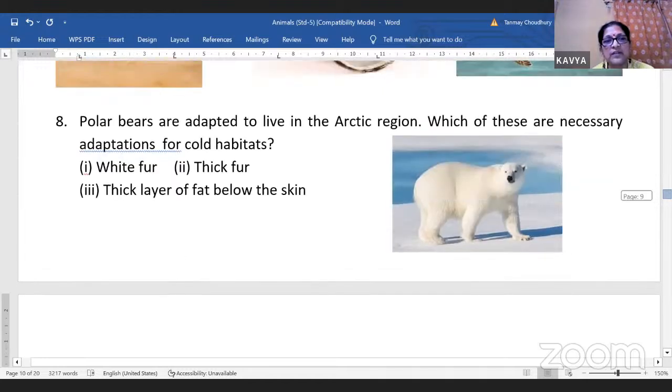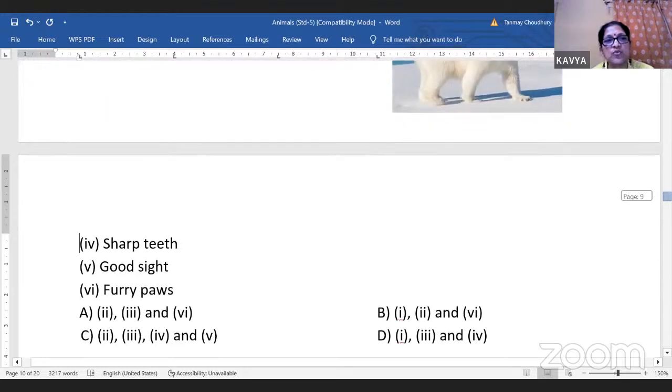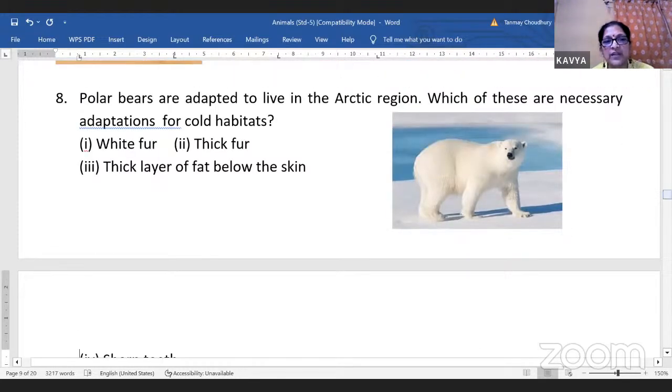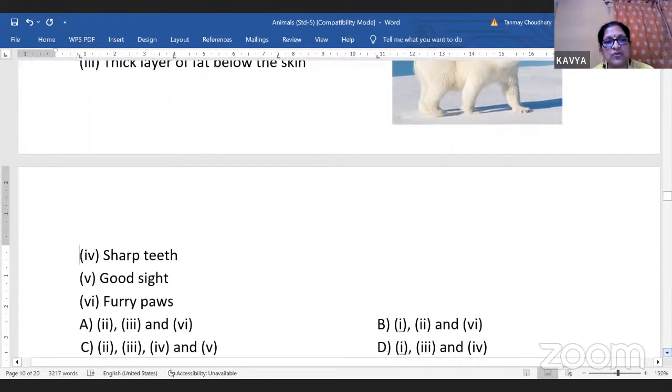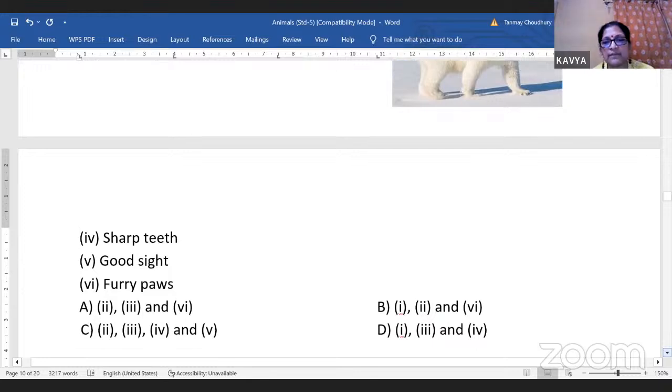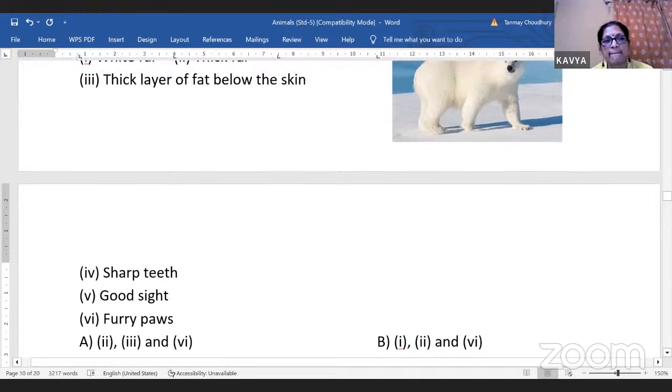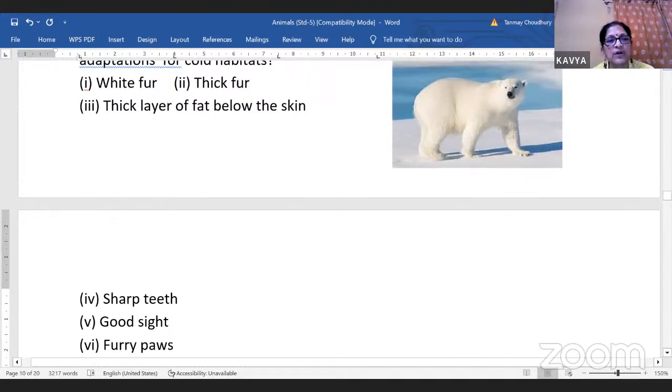So it will be thick fur, that is 2, 3, thick layer of fat below the skin, and furry paws. So 2, 3, and 4. So 2, 3, and 6.